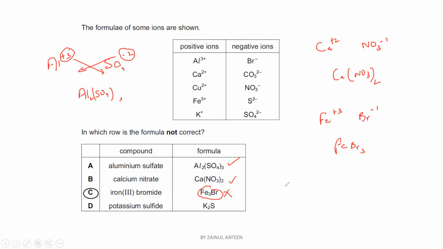And about potassium sulfide, potassium is +1 and sulfide means sulfur, which is -2. So when you cross multiply, it should be K2S. So that is also correct. The formula which is not correct is option C.